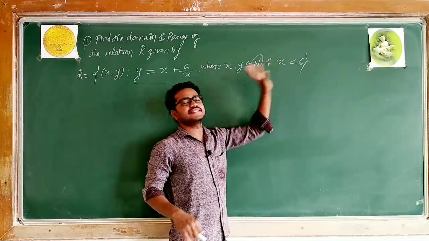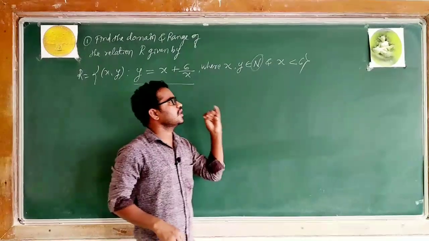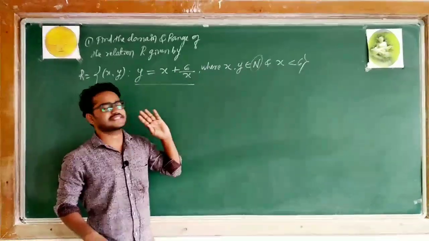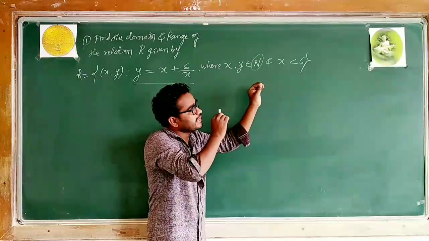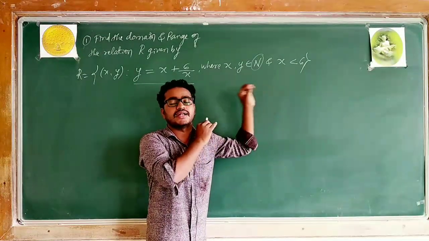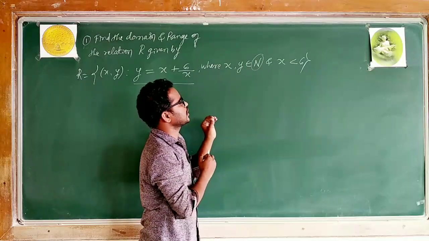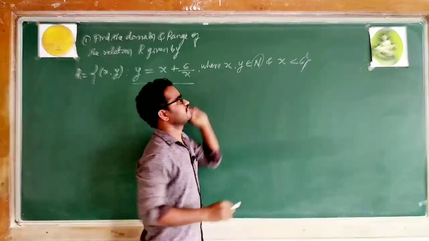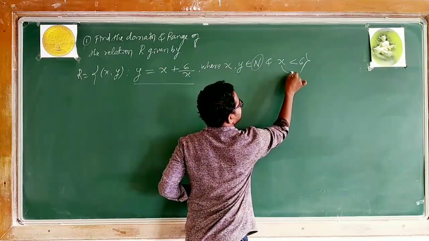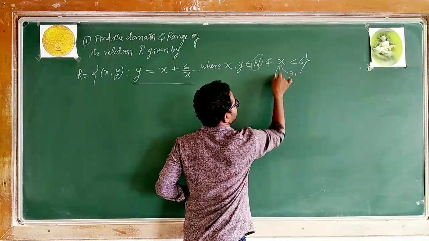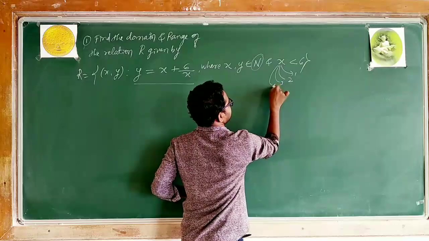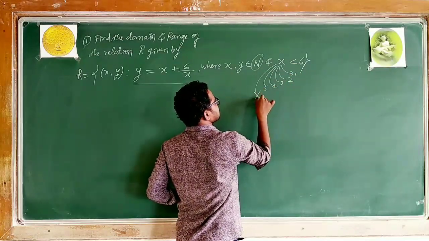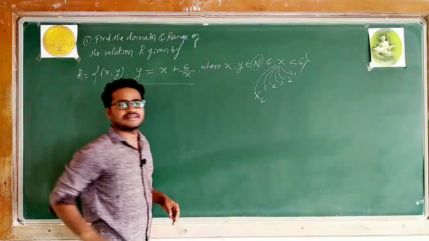But x is less than 6, so you can take x values 1, 2, 3, 4, 5. I can't take 6 because x should be less than 6, and 6 is not less than 6.